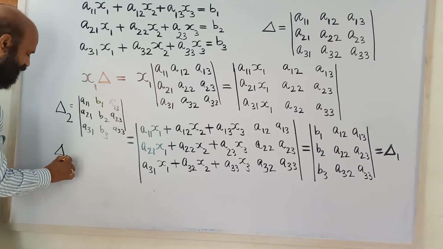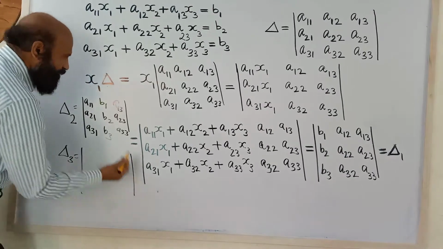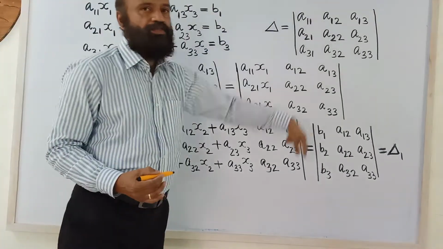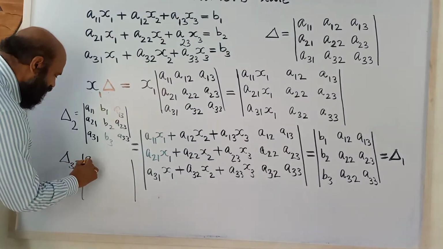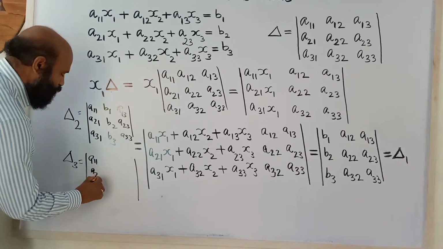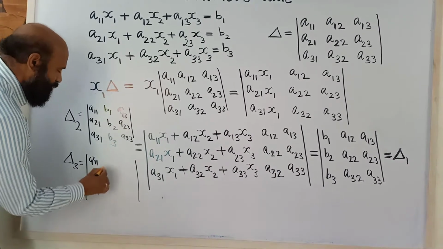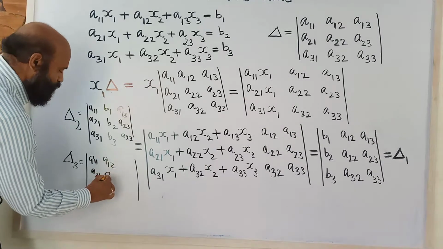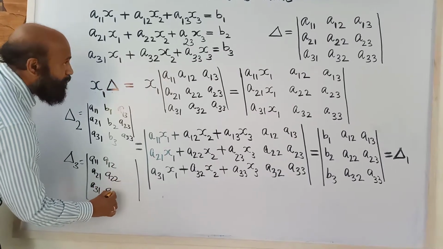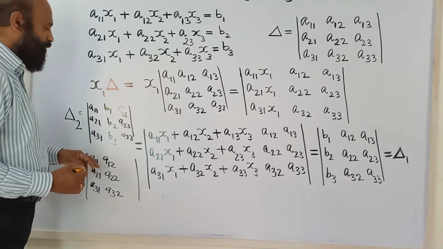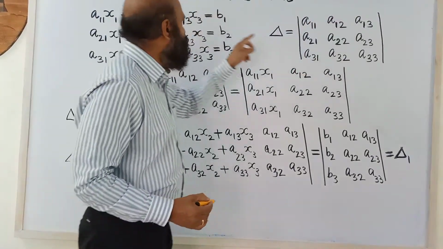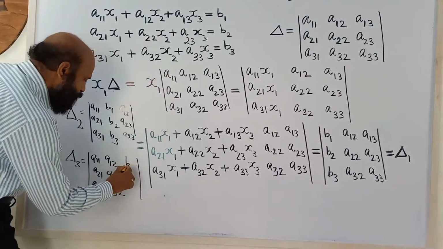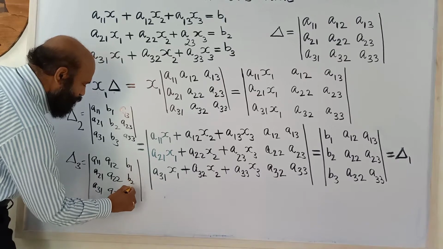Similarly, delta 3: first two columns there is no change, a11, a21, a31, a12, a22, a32. The last column is replaced by b1, b2, b3.